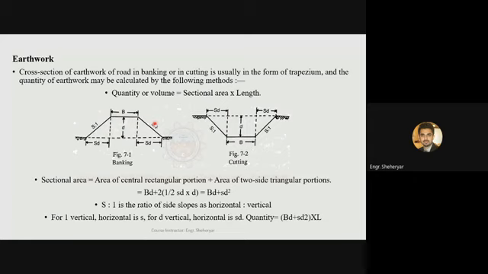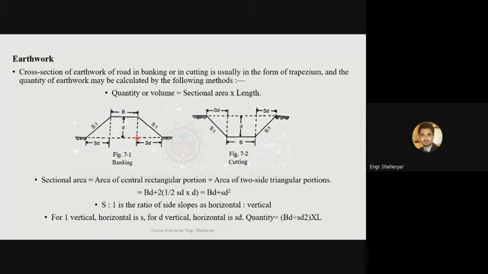So this actually means that if there is 1 unit of depth, then there will be S units of horizontal distance, or you can say for every S units of horizontal distance there is 1 unit of depth.